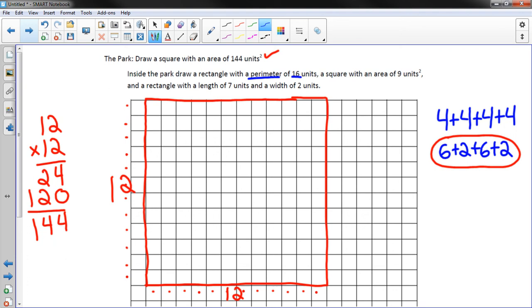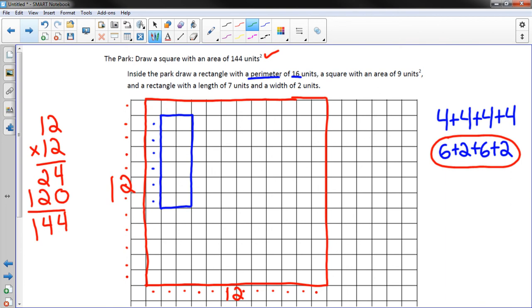So the rectangle inside, I need a 6 by 2. So here's my 2. Here's my 6. 2, 3, 4, 5, 6. And that's my rectangle. Alright, I got a couple more things to draw.